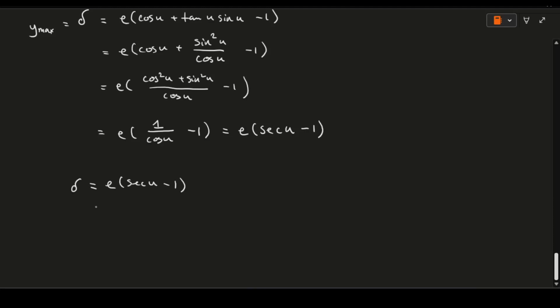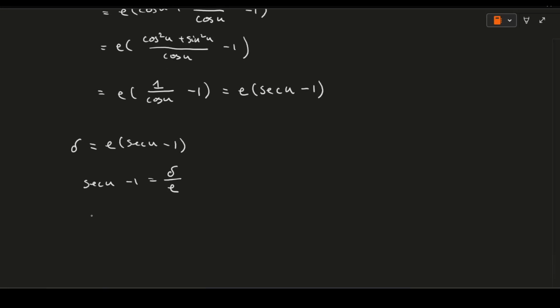We can divide by e, so we get that secant u minus 1 is equal to maximum deflection over this e. We can solve this with respect to u. We get secant u is equal to deflection over e plus 1, or we can say it's maximum deflection plus this eccentricity over this e.